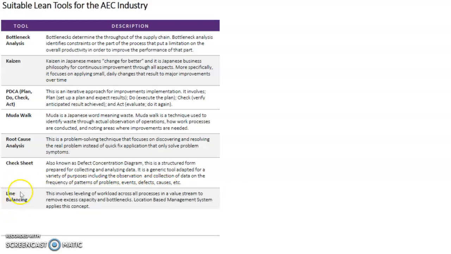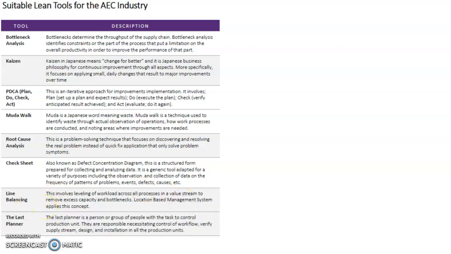Line balancing. This involves leveling of workload across all processes in a value stream to remove excess capacity and bottlenecks. Location-based management system applies this concept, and we'll be talking in detail about location-based management system as part of the Lean tool.